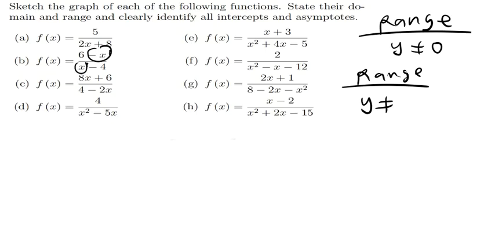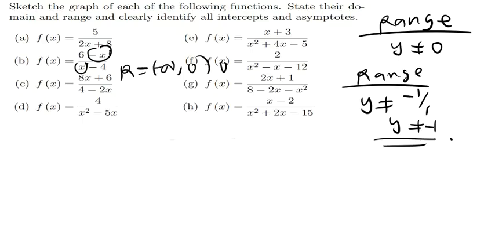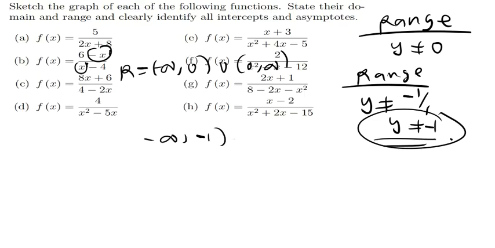Y is not equal to negative 1 over 1, so therefore y is not equal to negative 1. So the range, you know how to put it, from negative infinity all the way to 0, union 0 all the way to positive infinity. For this one, negative infinity all the way to negative 1, not included, union negative 1 all the way to positive infinity. Who is behind on how to find the range?